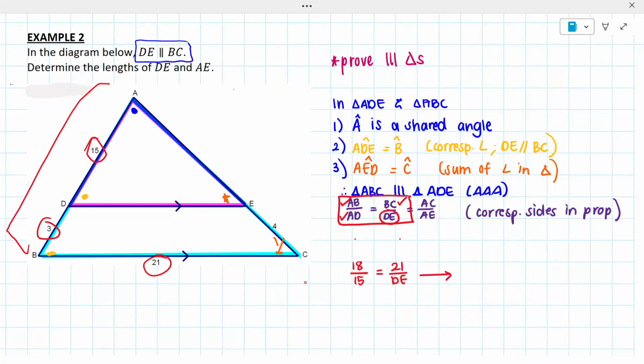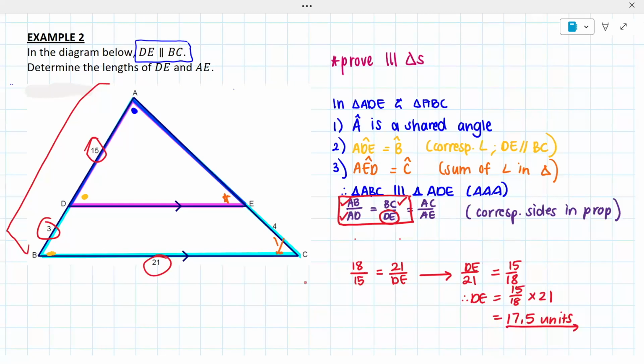Now remember, fractions you can swap when you're working with these proportions. So I don't really like DE in my denominator. So if I bring DE up, it would be DE over 21, but then remember to flip the other fraction, 15 over 18. And now this is easy. DE is equal to 15 over 18 times 21. And so that means it is 17.5 units.